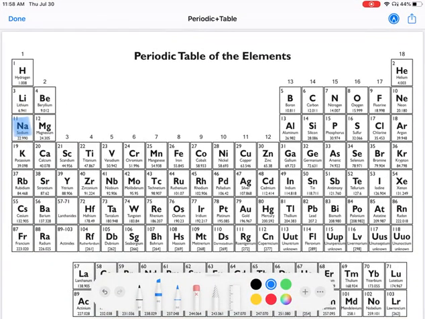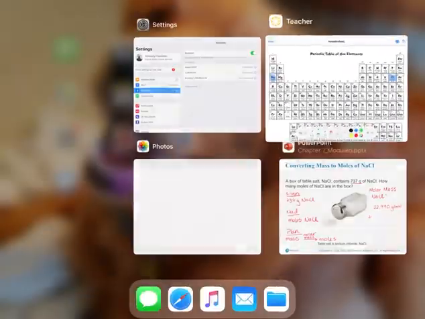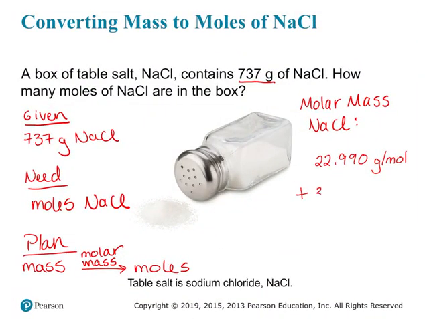So let's see, chlorine is number 17. So that has a mass of 35.453. Okay.